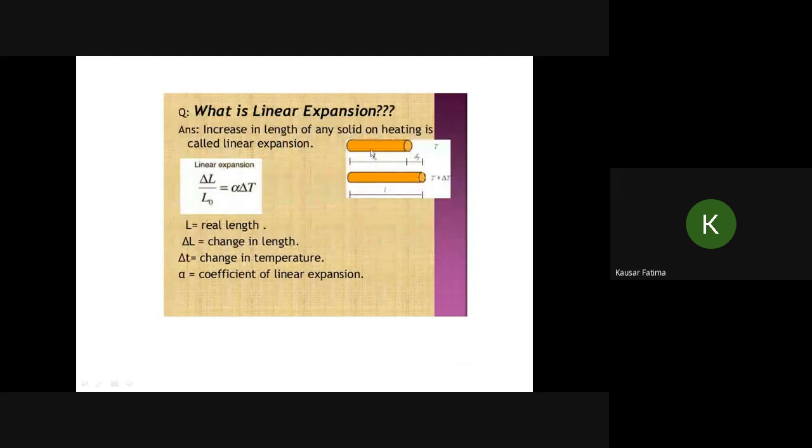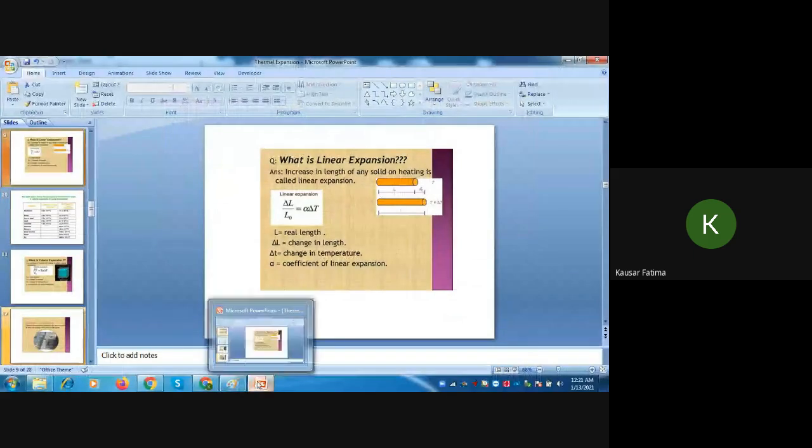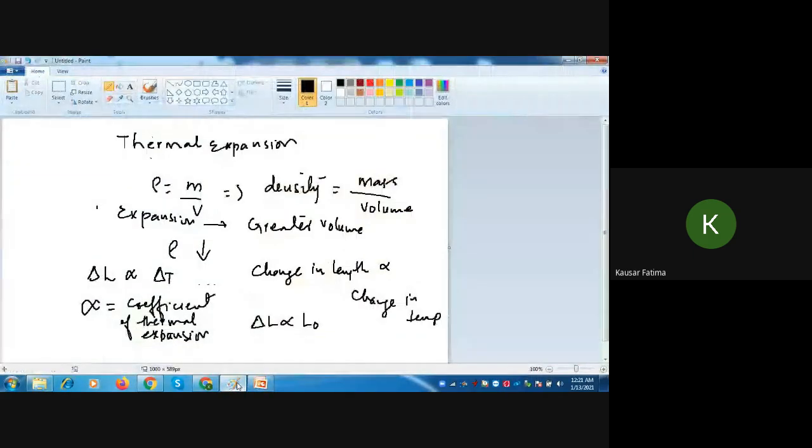Here, this is the initial length, and how much extra has it become? This much extra on heating. So for a rise in temperature, the new length is L plus the change in length. If this is the initial length, on heating it will become bigger and its new length is slightly greater.